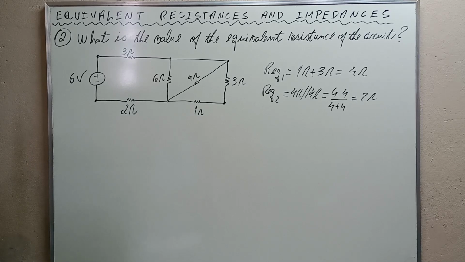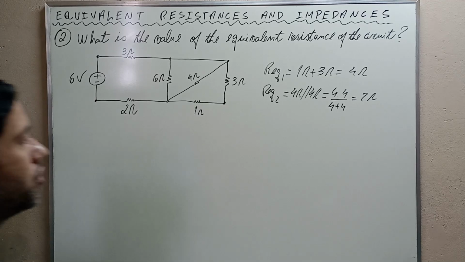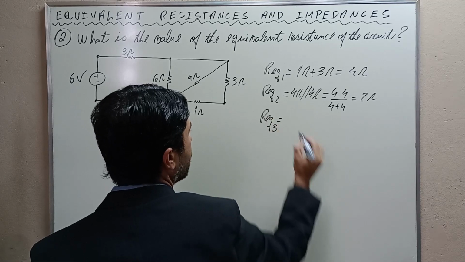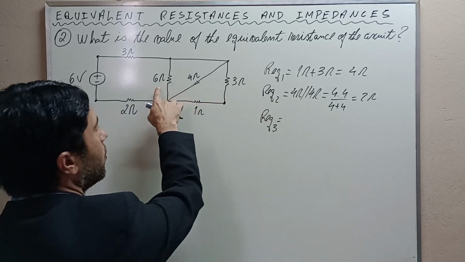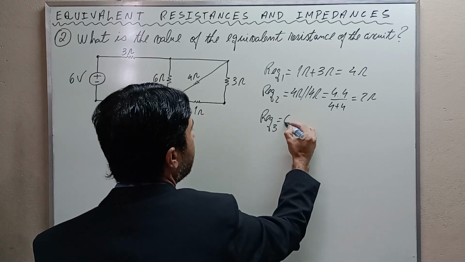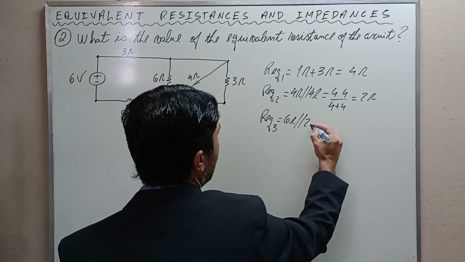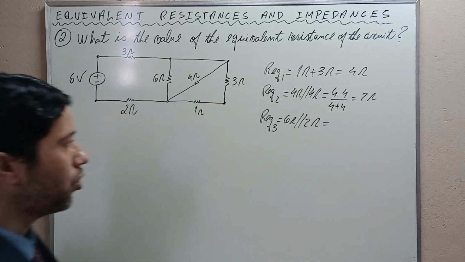And thus they are connected in parallel, and again we use this rule of thumb to calculate the third equivalent resistance, which is the parallel combination between this 6 ohm resistor and this 2 ohm resistor, okay?